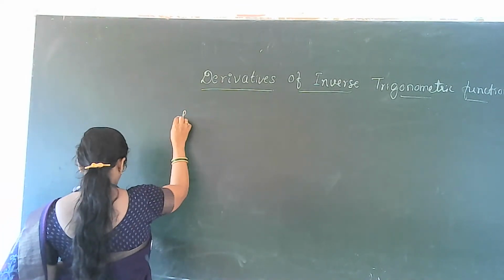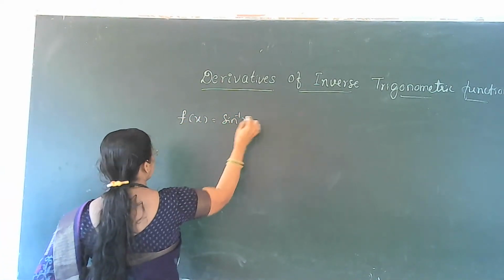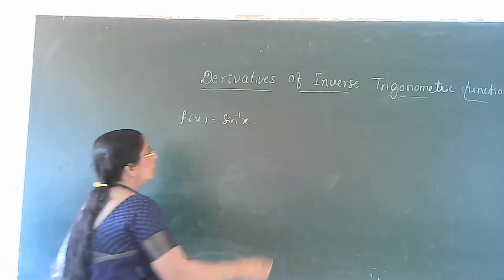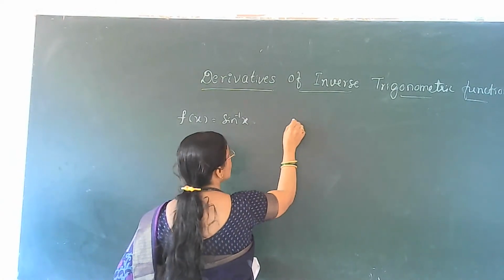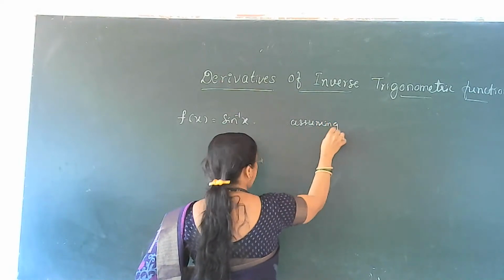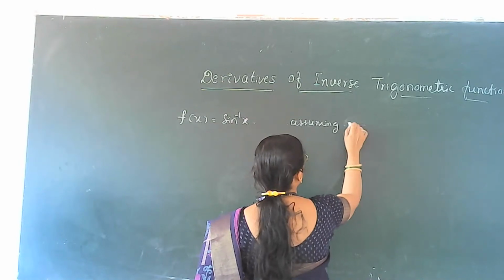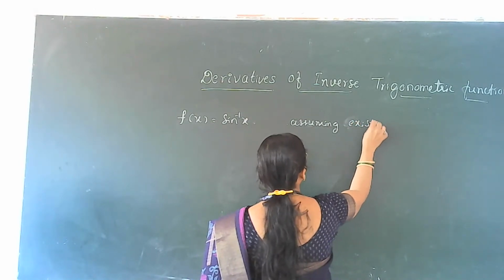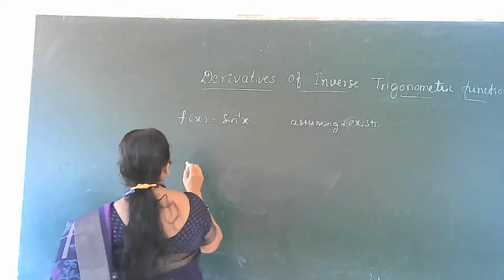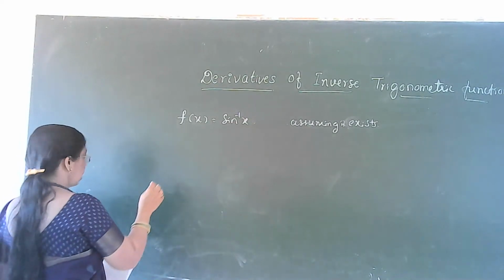Let f of x is equal to sin inverse x, assuming the derivative exists. Then we have to find the derivative of the function.